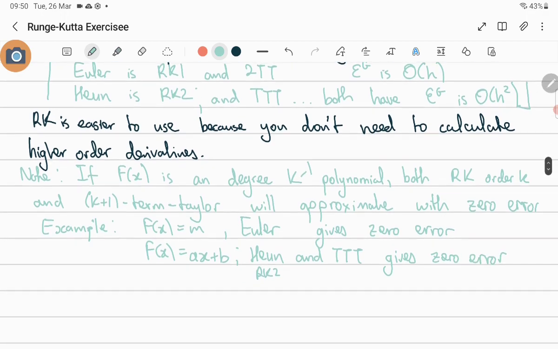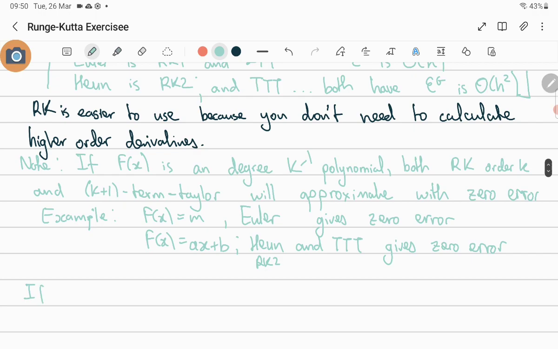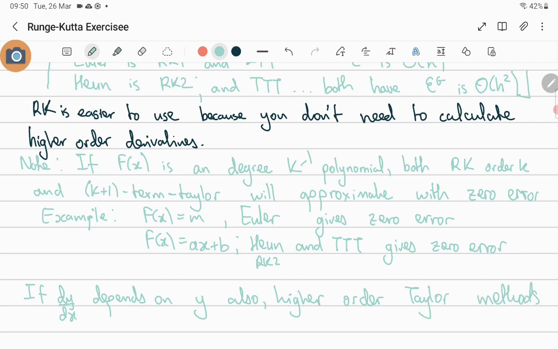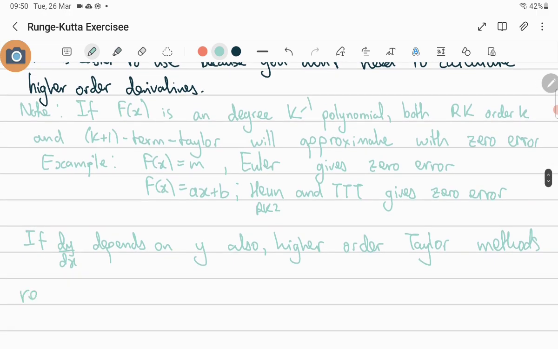And then another note, if the derivative depends on y also, higher order Taylor methods, not only do they require differentiation, they require implicit differentiation, which is worse again in terms of work to do on behalf of the user.